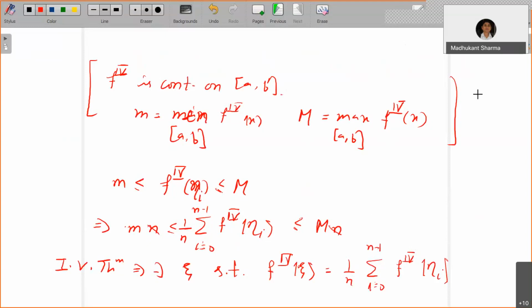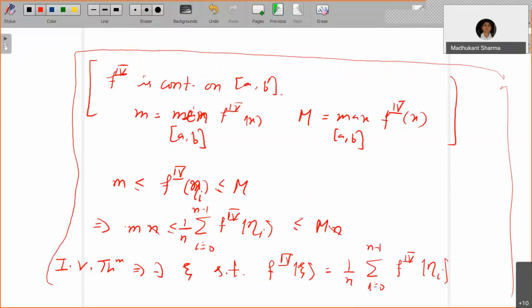Okay, so use this result. We have already used a similar result in the trapezoidal rule as well. So you use this, and the summation will be replaced by n times the fourth derivative at some point.